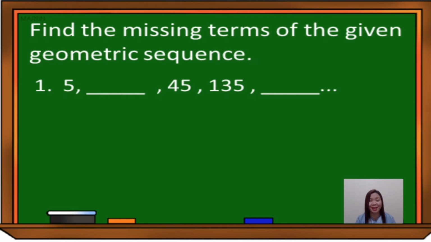Okay, take your time. Okay, so let's answer for that. The correct answer is the common ratio is 3. So therefore, the answer for that is 15, and the other missing term is 405.